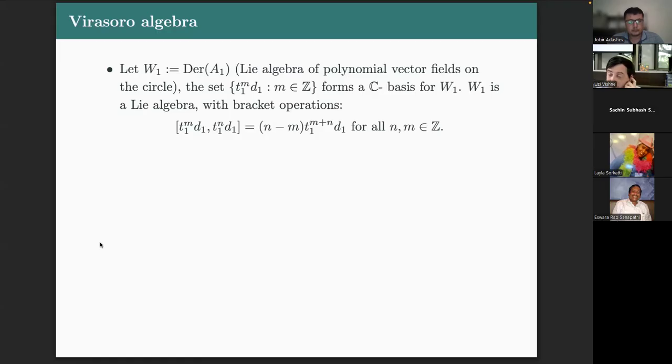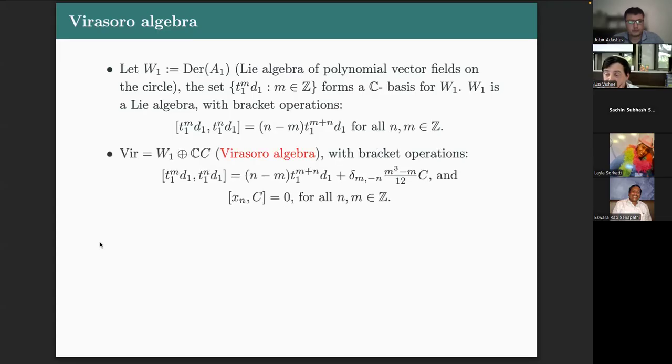But interestingly, it has a non-trivial central extension, and that is called the Virasoro algebra. It is an extensively studied object because of its relevance to mathematical physics and its applications there.